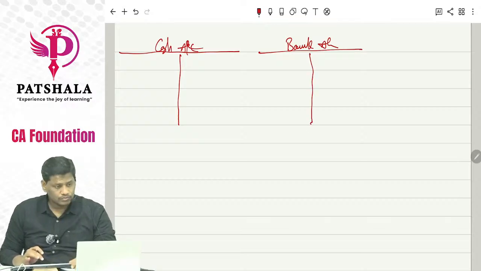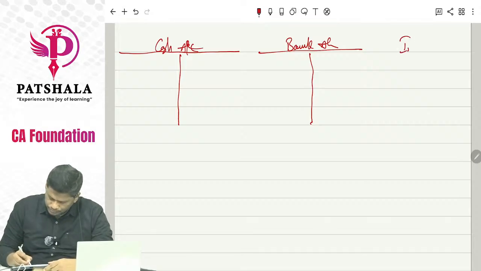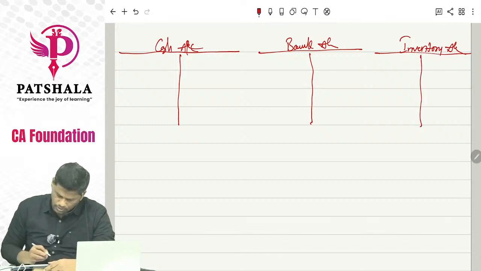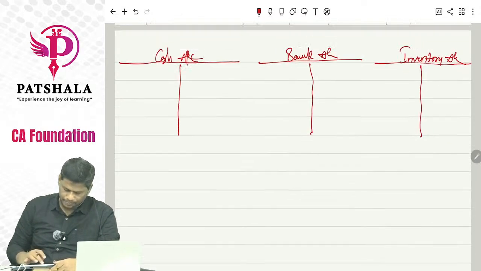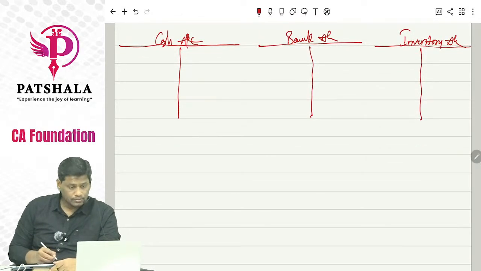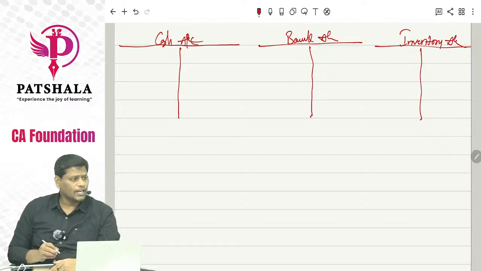Okay, next. Inventory account. ఇది అక్కర్లేదు, ఉండదు ఇక్కడ. We'll never open an account called inventory account. Next. Next ఏంటి? ఓపెన్ చేయండి. You start opening.